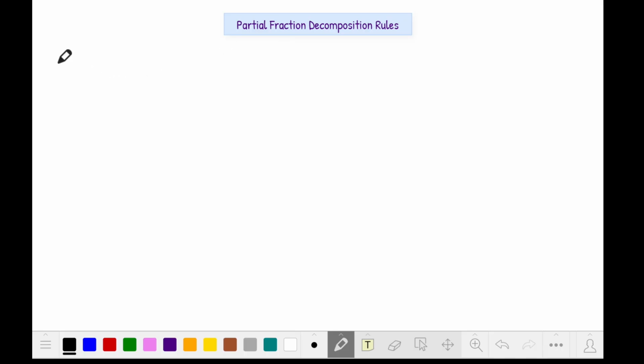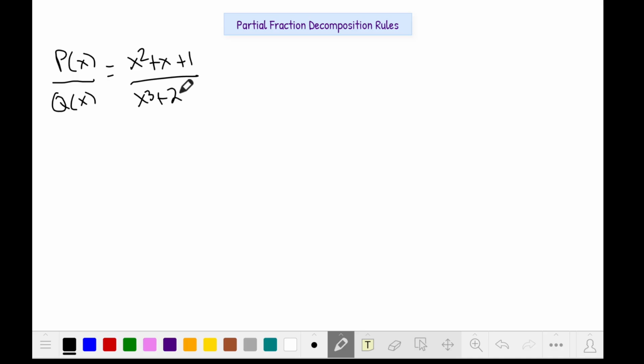We're going to have some p of x, which is a polynomial in x, and then we're going to divide it by some q of x, which is another polynomial. For example, p of x could be x squared plus x plus 1, and q of x could be x cubed plus 2x squared plus x plus 2. Just throwing out an example. So p of x is just some random polynomial, and q of x is another random polynomial.